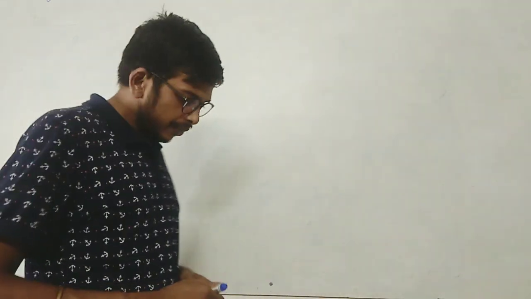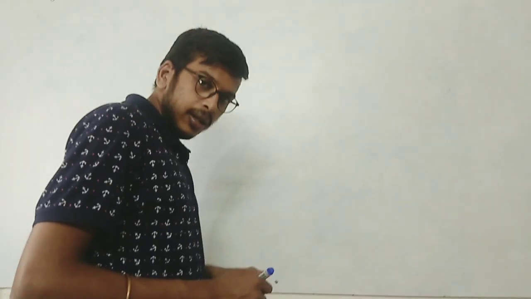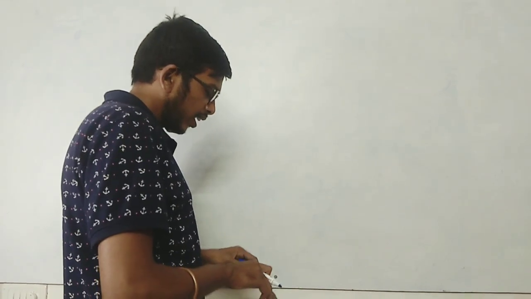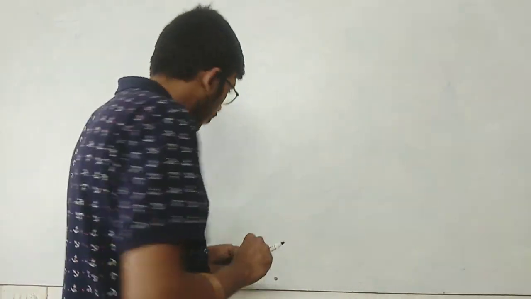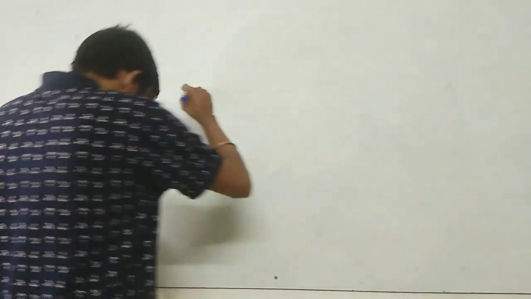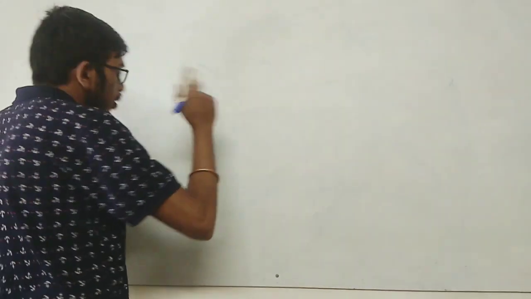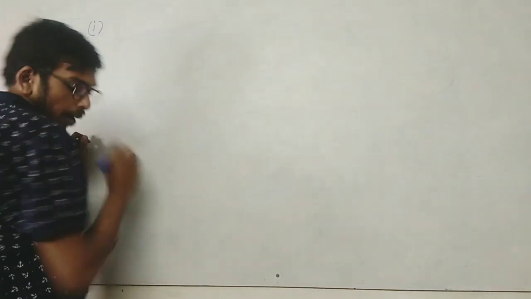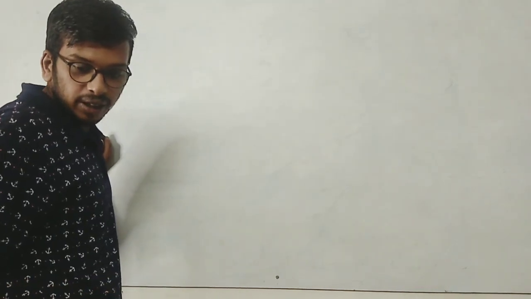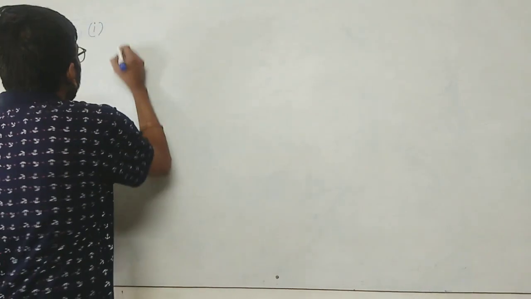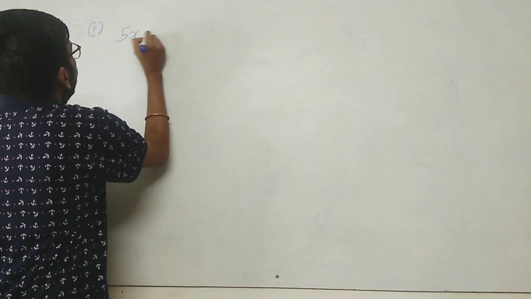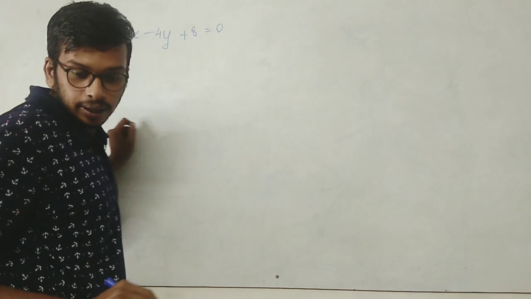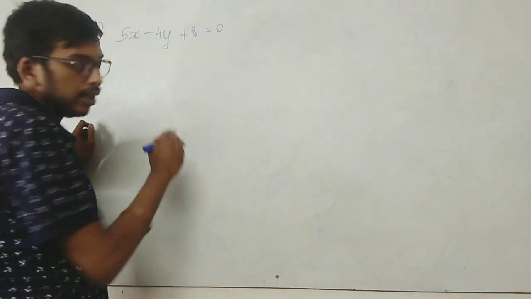That's it. So in the second question, sorry for the slight shake here, my tripod got a bit shaky. In the second question, the first subdivision, we are given a pair of linear equations: 5x minus 4y plus 8 is equal to 0 and 7x plus 6y minus 9 is equal to 0.